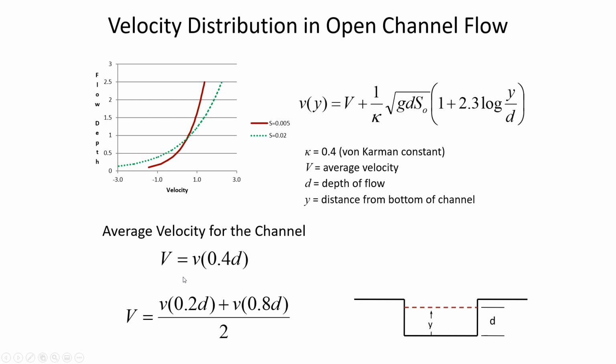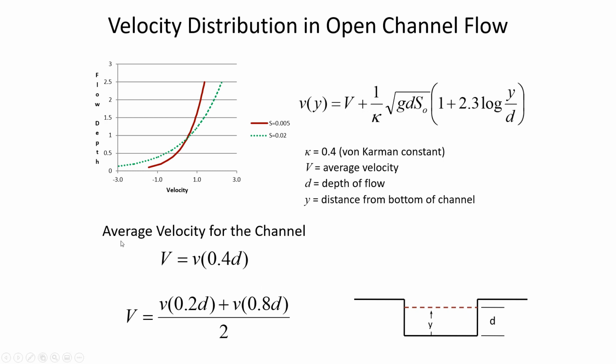Or another approach is to measure the velocity 2/10 of the way up from the bottom and the velocity 80% up from the bottom, and then that might be a way to find the average velocity. And by definition, what we mean by average velocity is the volumetric flow rate divided by the area. But we don't always know what the volumetric flow rate is. Often what we would do is we would determine the volumetric flow rate by multiplying the average velocity by the area.